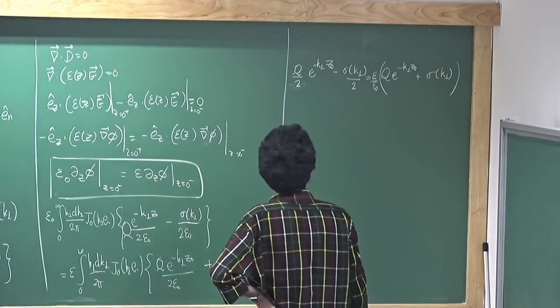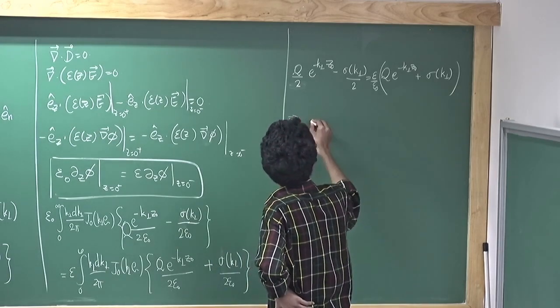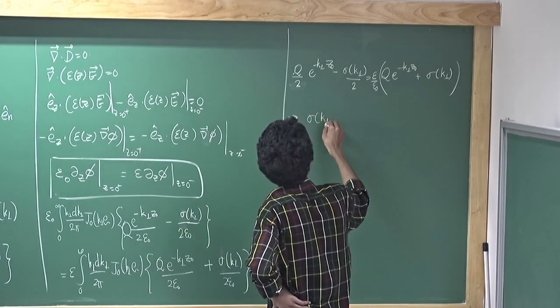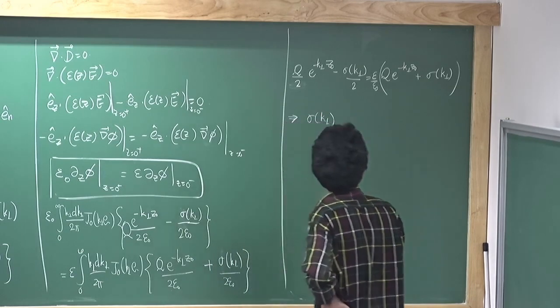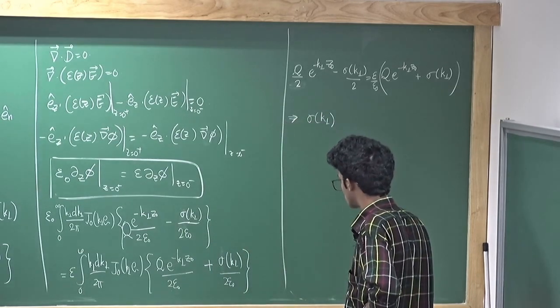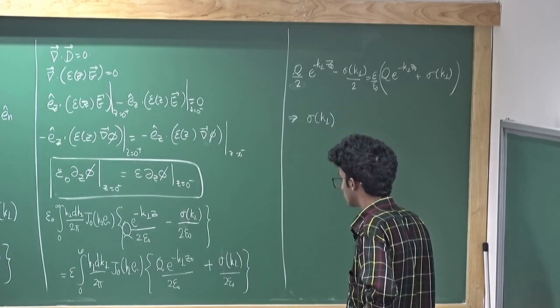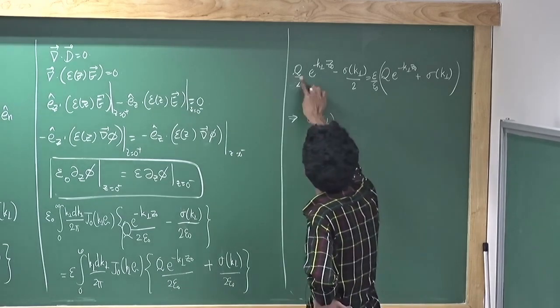Yeah, which implies that sigma of k perpendicular, I'm missing a 2. Yeah, the 2 from both sides go away.